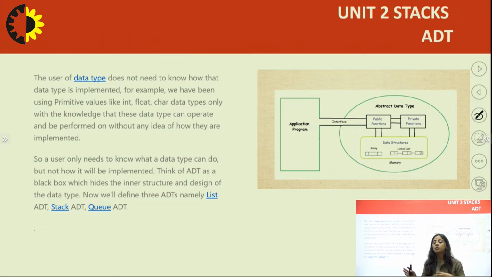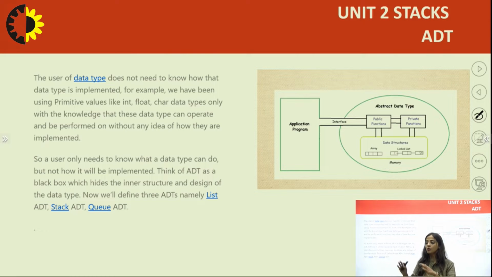Suppose, we'll study stacks further, but suppose you know how an Android mobile works, right? But do you even know how an Android application is built and how the developer developed the application? Is it possible?